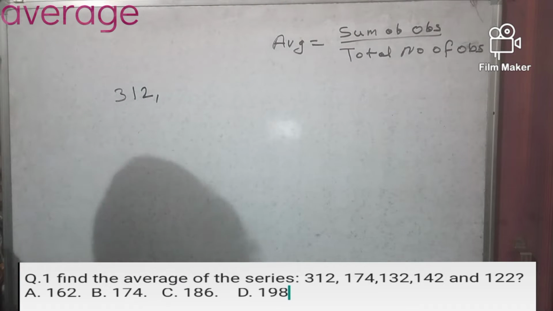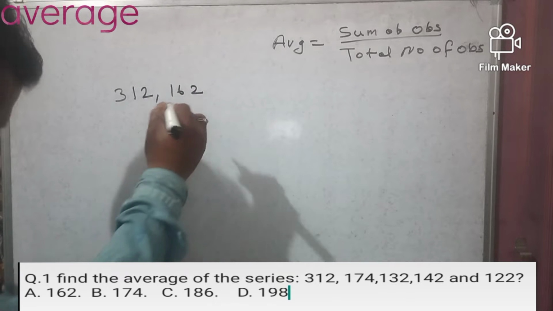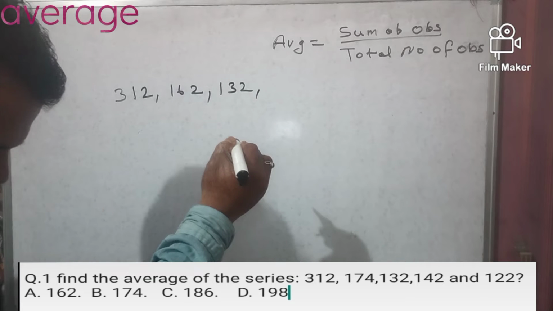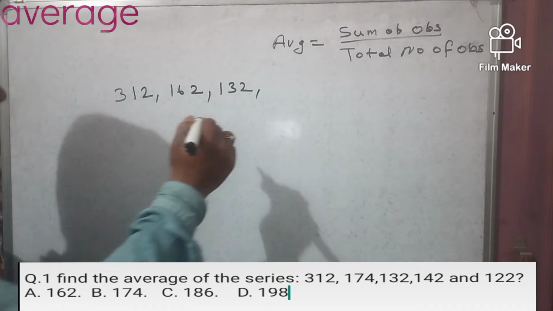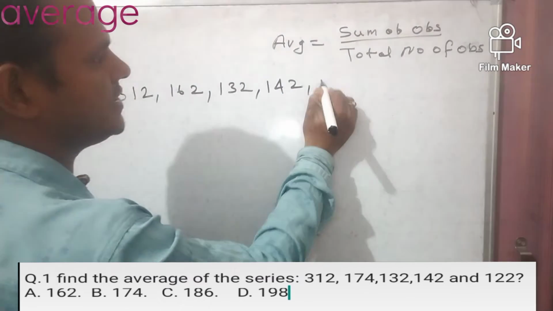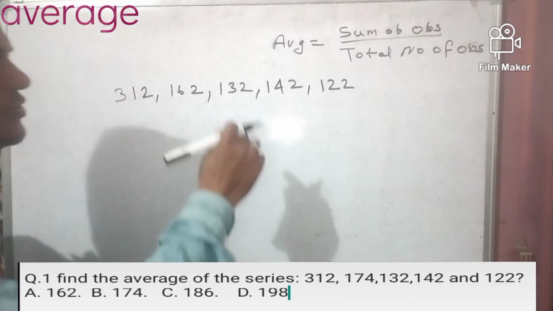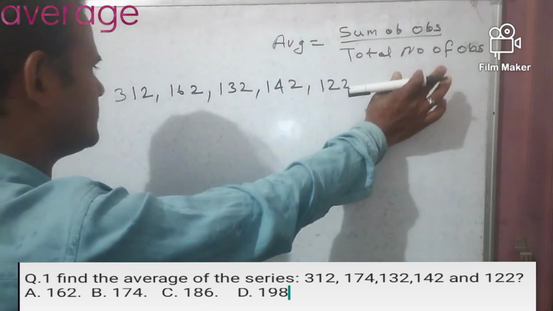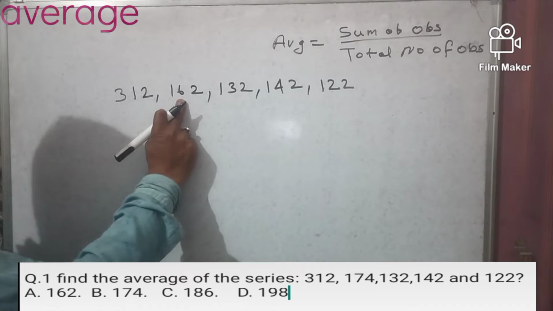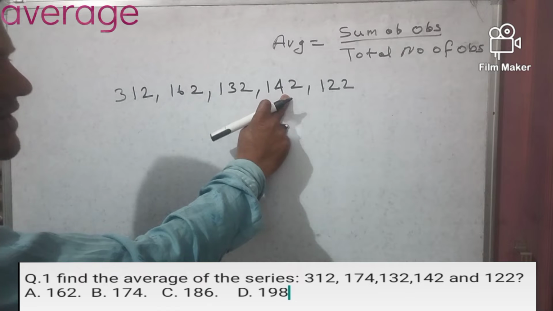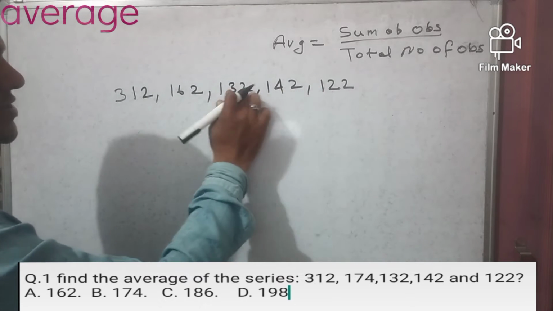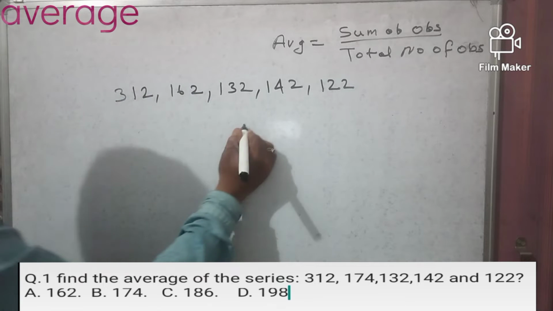So average is equal to the sum of observations: 312, 162, 132, 142, 122. So the sum of observations, units digits 2, 4, 6, 8 and 10.